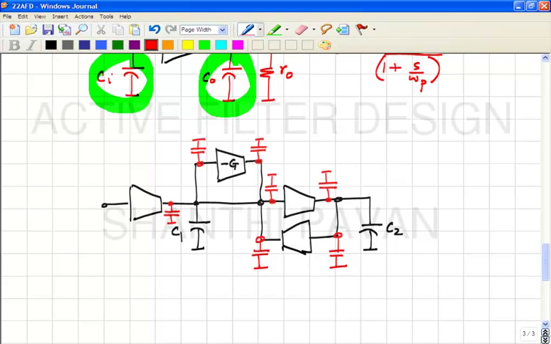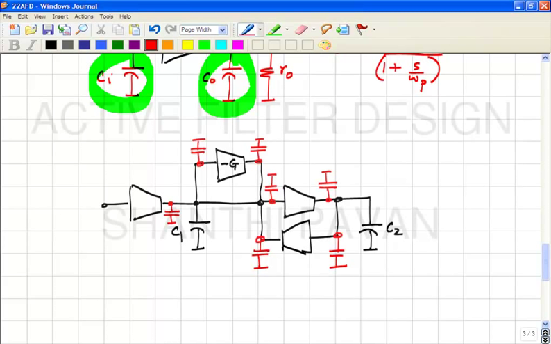So basically, the parasitic capacitances at the input and output of the transconductor appear in parallel with the capacitances C1 and C2. So the effective C1 and the effective C2 are now altered due to the parasitics. Thereby the omega naught and the Q are slightly different from what you intended them to be.